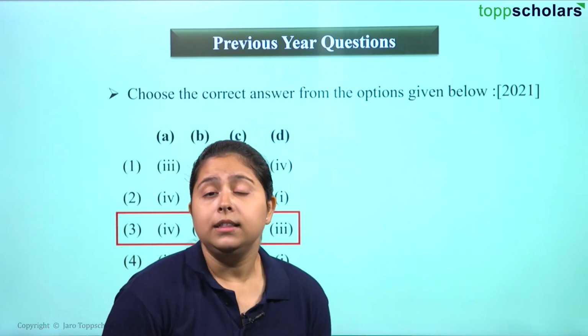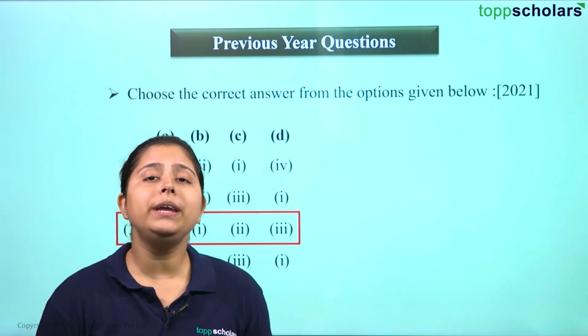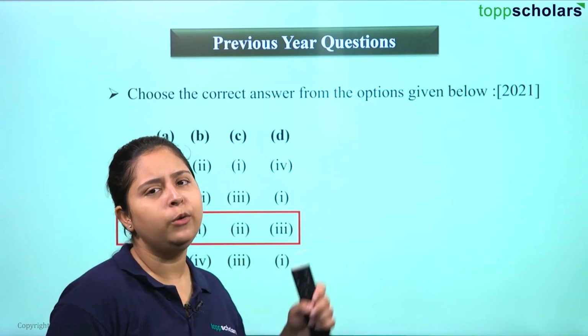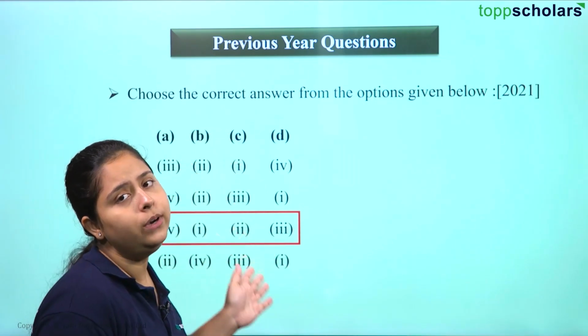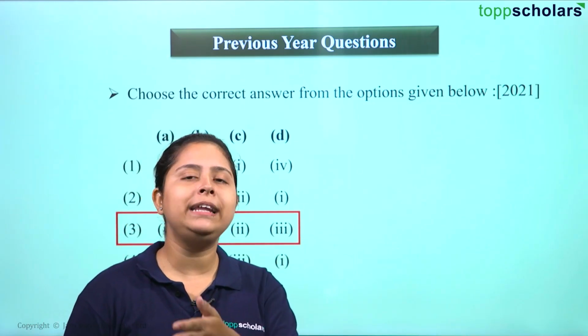As you can see, the question was repeated. The same things came in 2 years. If, say for example, you have just appeared for the 2021 paper and you have encountered this question, then it will be very much easier for you to solve the 2023 question.